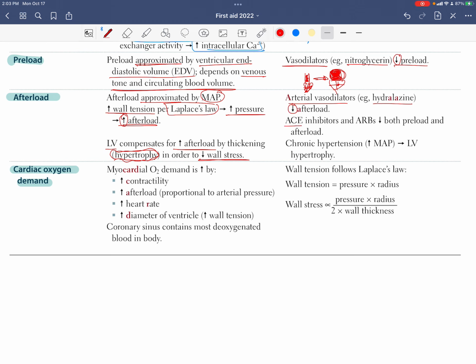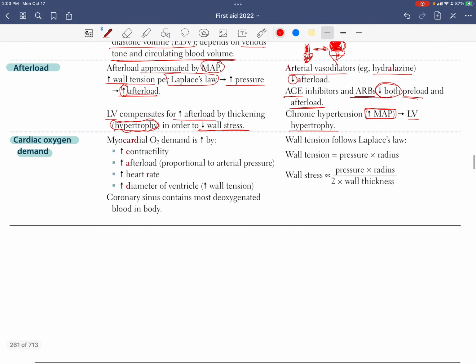For the arterial vasodilators, for example hydralazine, it reduces the afterload, and the ACE inhibitors and ARBs reduce both the preload and afterload, not only one of them. For chronic hypertension, which means increased mean arterial pressure, we would definitely expect to find a left ventricular hypertrophy.